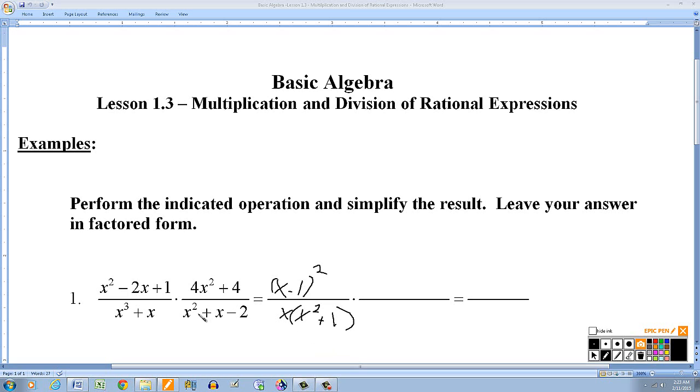Okay, let's look at the numerator of the second fraction. We have 4x squared plus 4. So we have a 4 common to both terms. So let's take out the 4. GCF is 4. So that's going to leave me in the parentheses with x squared plus 1.